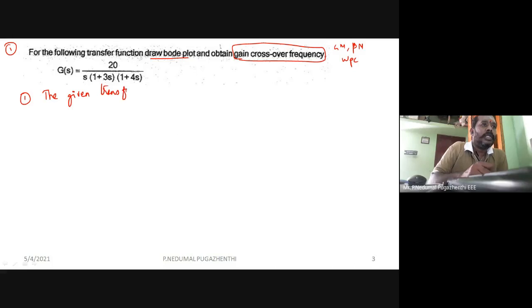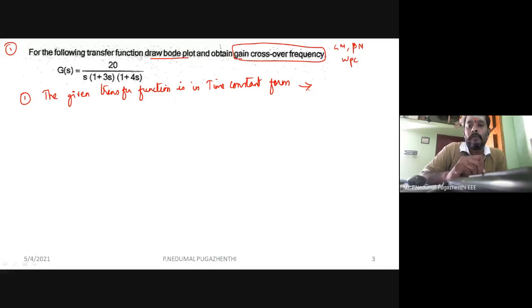So the first step is, the given transfer function is in time constant form. Yes or no? The problem is 20 divided by s into 1 plus 3s, 1 plus 4s.